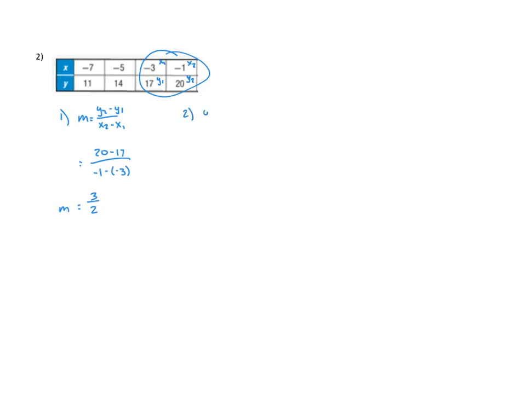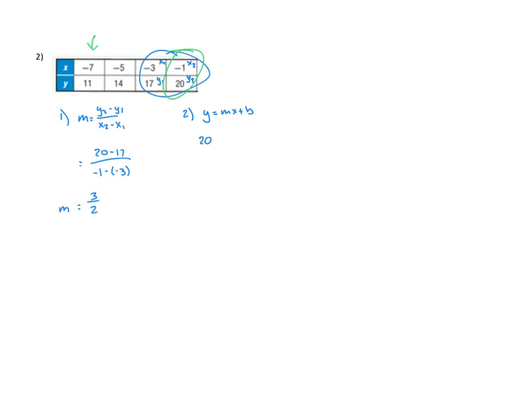Now I need my y-intercept. Okay, so I'm going to plug everything in, and I'm going to use this point right here. No particular reason. Honestly, I could have used this one. I just like negative 1 and 20. I think it looks nice.